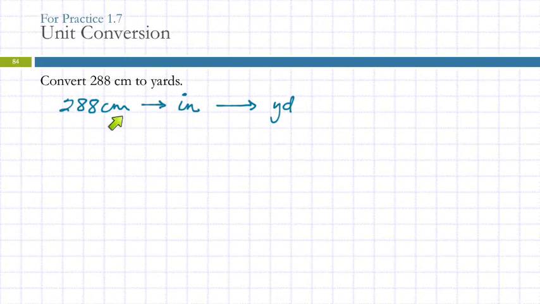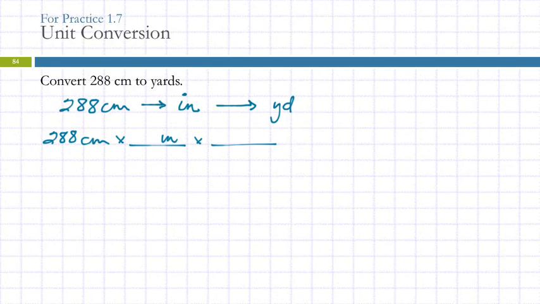Now I'm going to take this as a guide for writing out the actual equation. 288 centimeters. I look at that path, I see 2 arrows. That means I have 2 conversion factors, 2 fractions. I've got centimeters to inches to yards. Those are the units that go on the top.